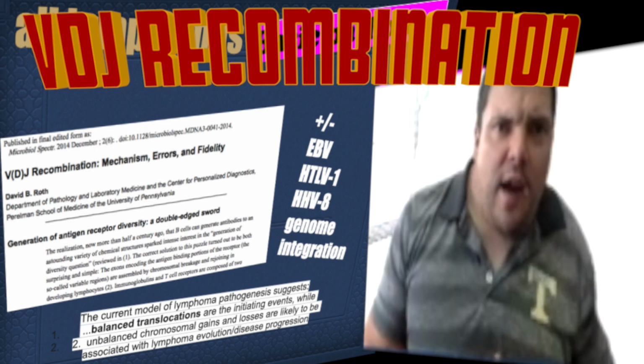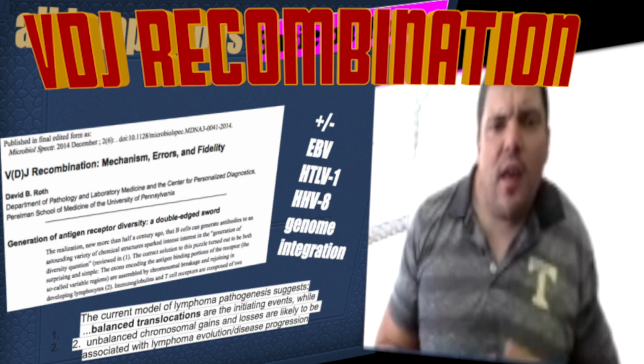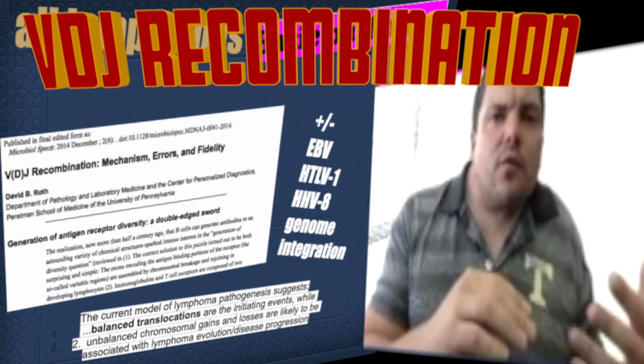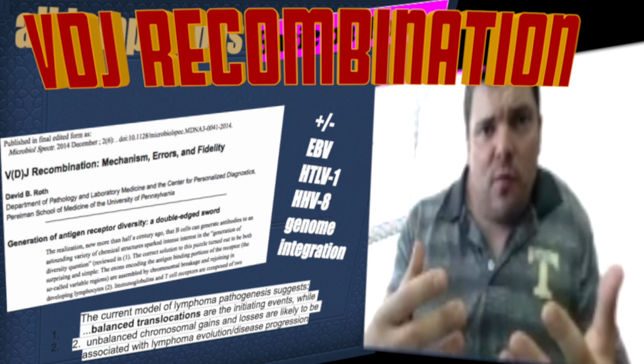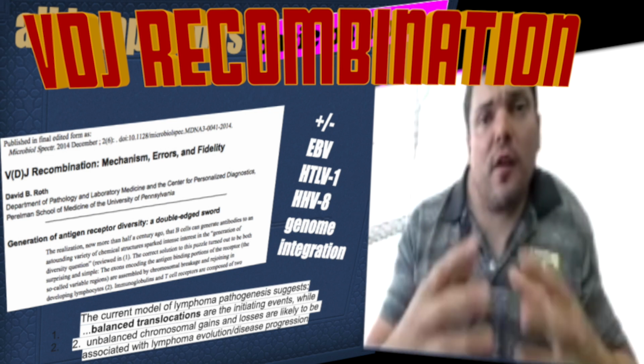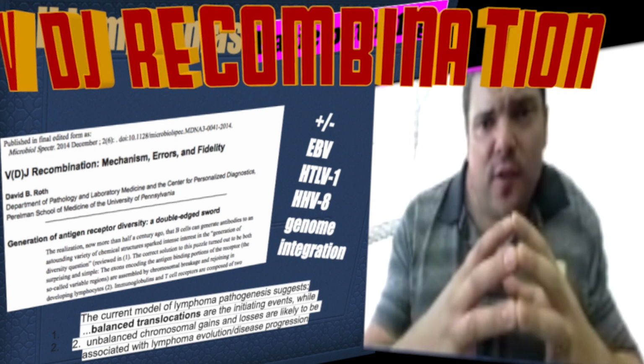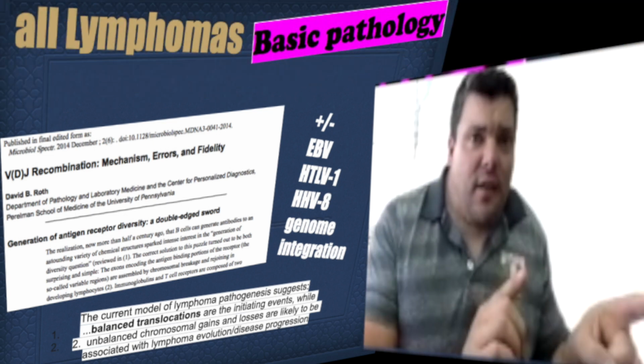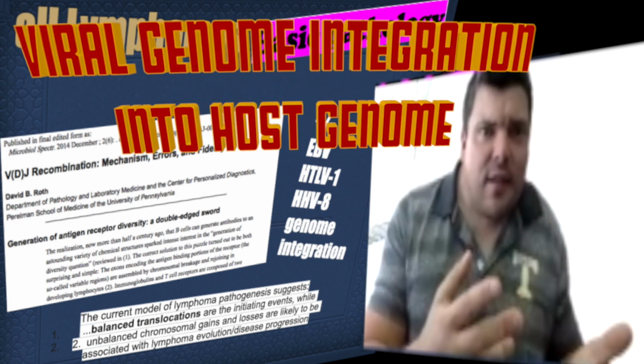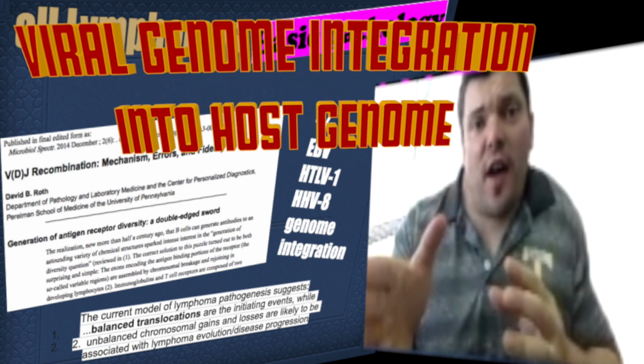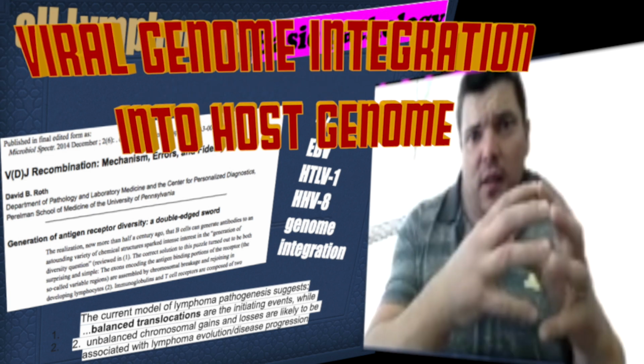Unfortunately, there can be errors involved in this as well, and some of those errors are thought to be what contributes eventually to the development of a malignant lymphocyte. Secondary to that, or alongside that, is the theory of viral integration into lymphocytes.